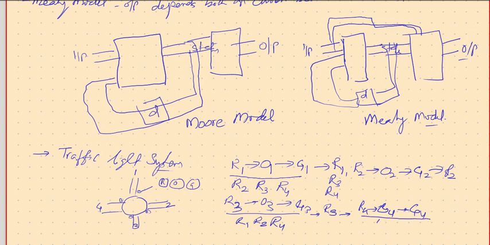So during this time, R1, R2, R3 are on. After this, fourth lane becomes red, and then this whole process gets back and first lane starts working. So here what is happening is all these activities are taken on some time basis.